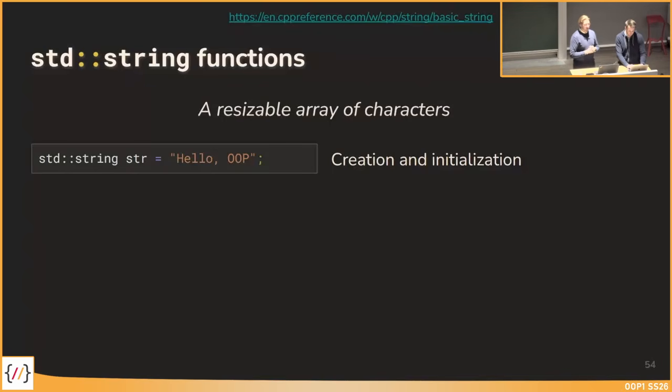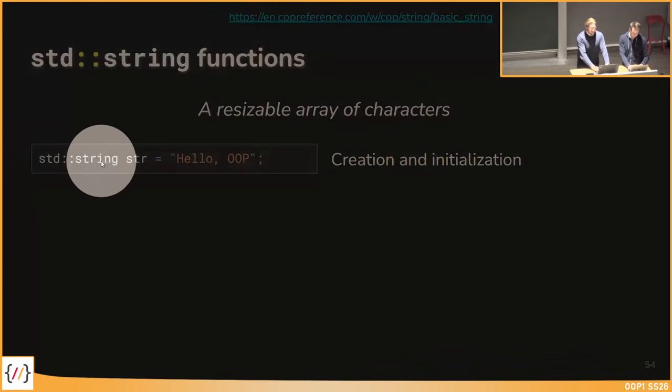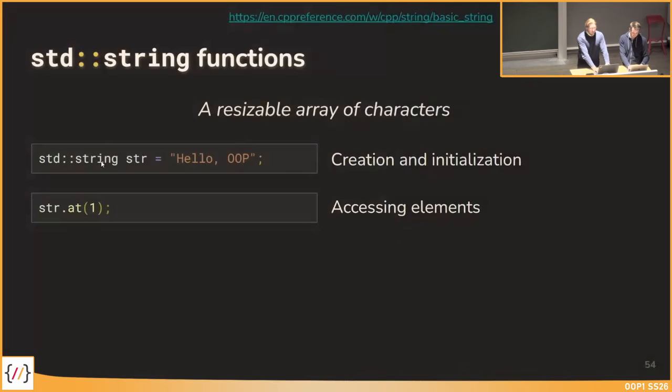The creation and the initialization is quite similar to C strings, so character pointer strings. We just have a different data type here. When we want to access elements, we don't need to use the brackets anymore.